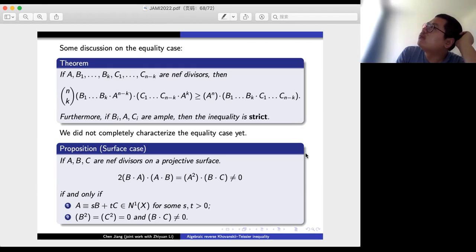Let me see. I don't know actually, but I think it should be easier if you consider K is 1, but currently I don't have a solution.